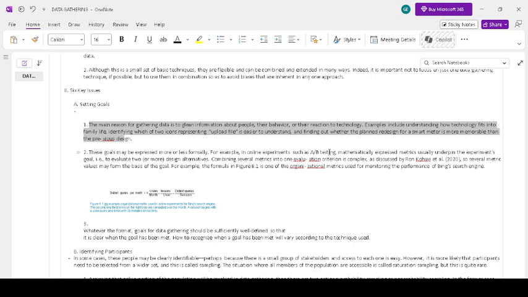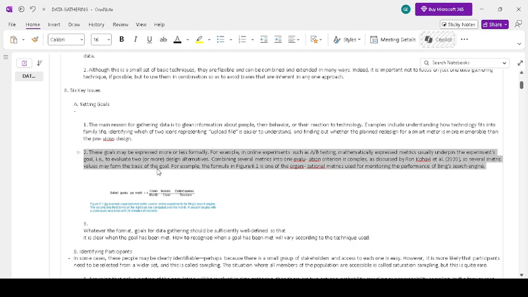You need qualitative and quantitative data, and you need to iterate, right? You need to set clear goals. Otherwise, you will be drowned in big data.